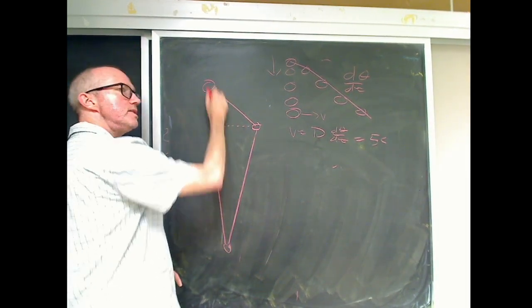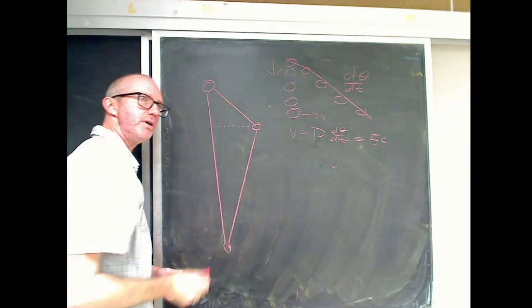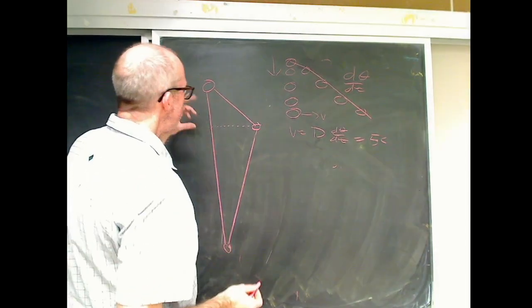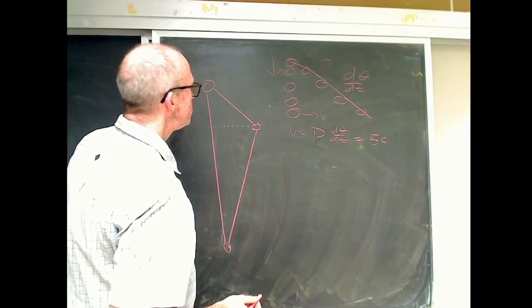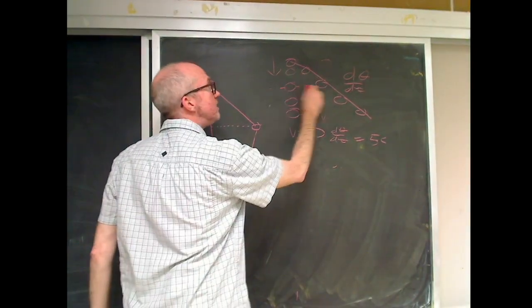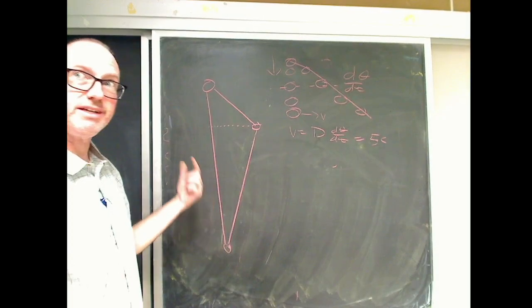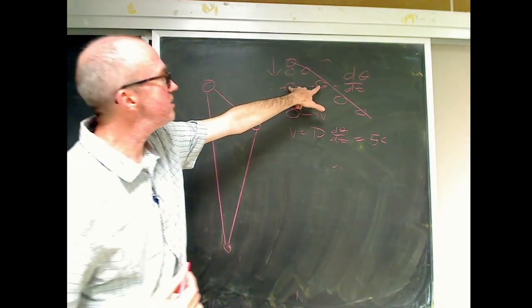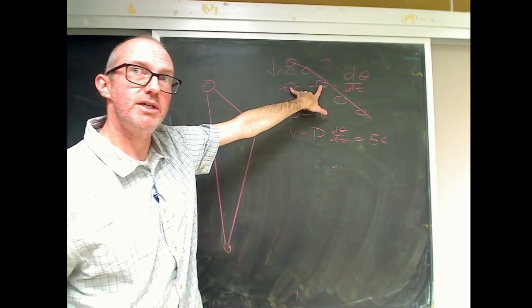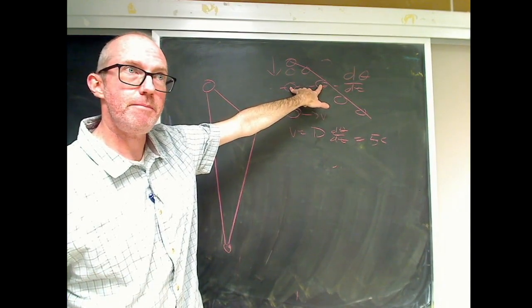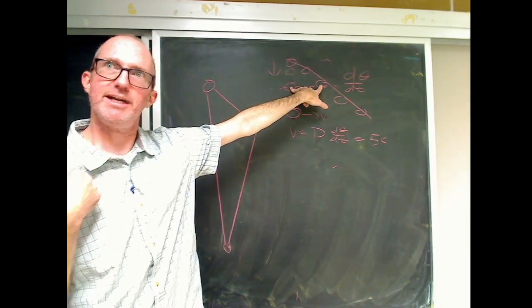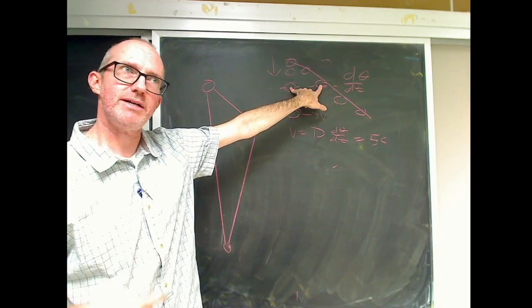This part here is the tricky part. Because when I take a measurement like this, I'm assuming that these photons from this blob and this blob were released at the same time and then traveled and got to me. But they were not.